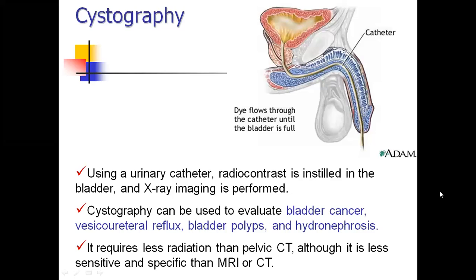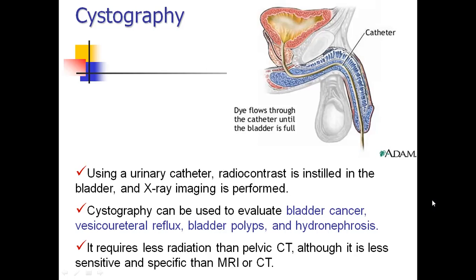Next option is cystography, also a contrast study, when a urinary catheter is introduced into the urinary bladder and radio contrast is instilled in the bladder, and after this an immediate X-ray image is performed.